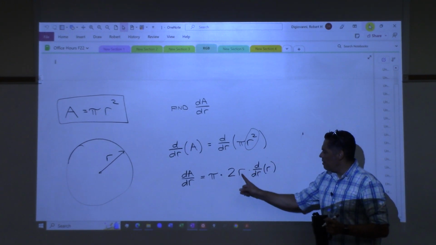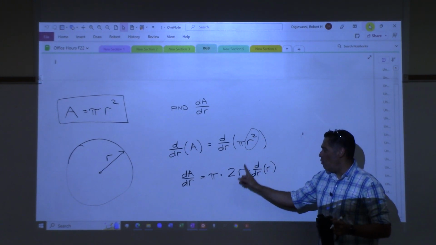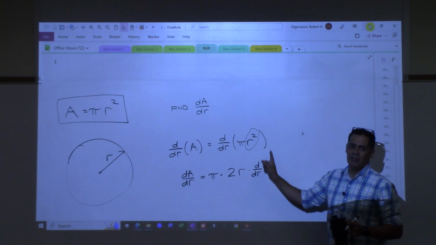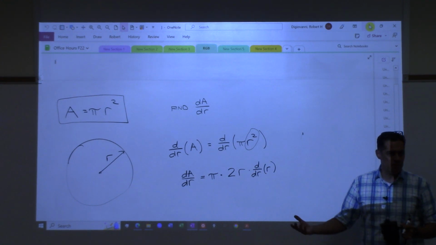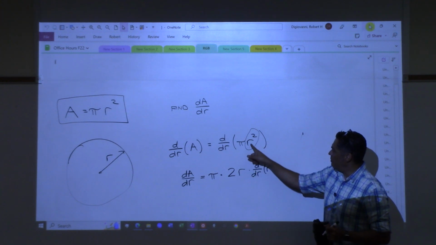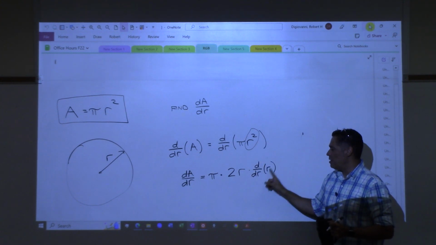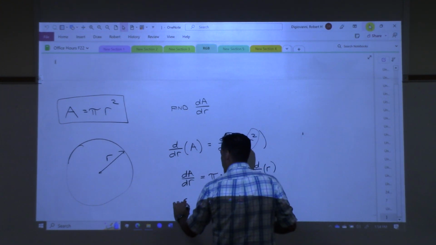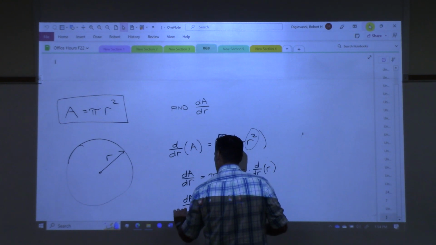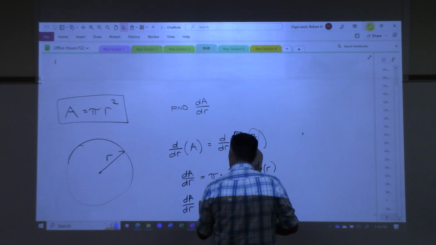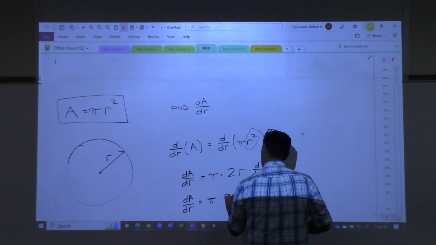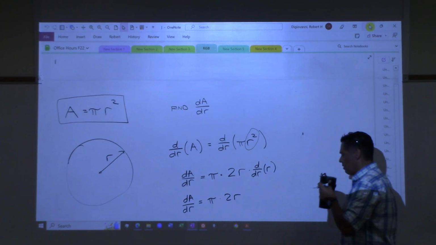See, this right here, again, is where we were having that y dy dx. Same idea, just we're differentiating with respect to r this time. So the derivative of r squared is 2r, dr dr. Dr dr turns into 1, doesn't it? So this is just 2 pi r.